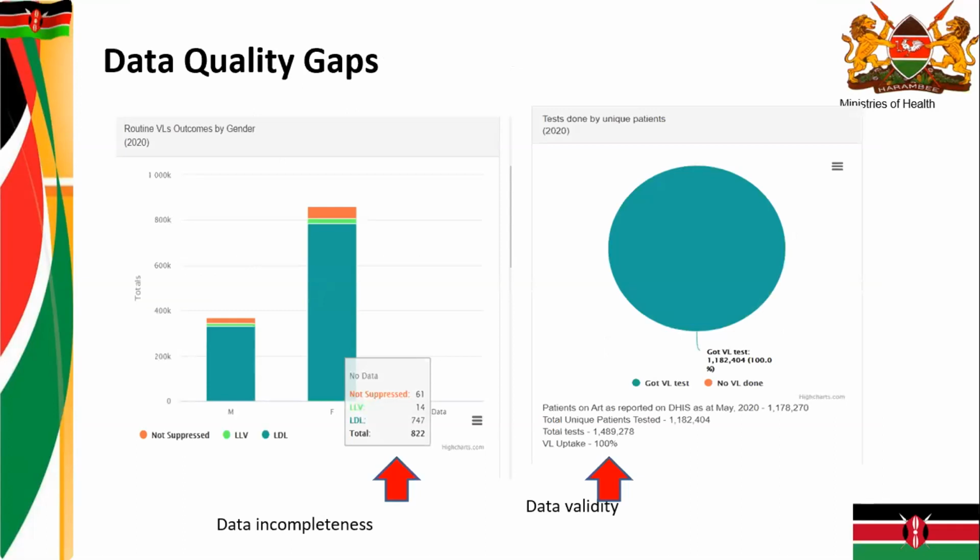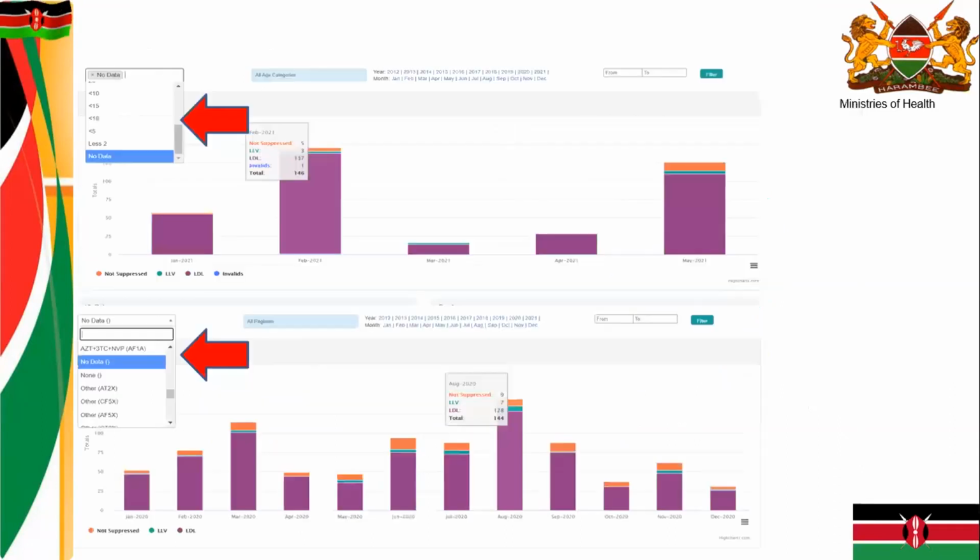I will just quickly flip through this. These are some of the data quality gaps that we see from our VL system. You can see there are quite a number of data incompleteness. We have an issue around the validity of our data, where they're giving us 100% VL uptake, which is not the case. We also have missing ages that have not been documented, if you look at the far left-hand side of the screen, and regimens that are missing and haven't been filled into the system.